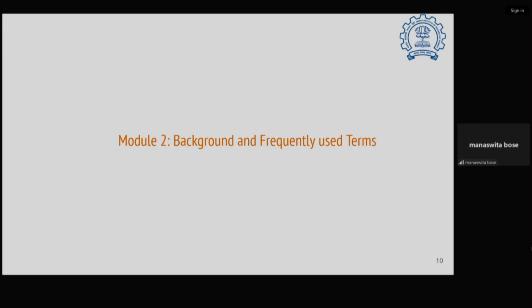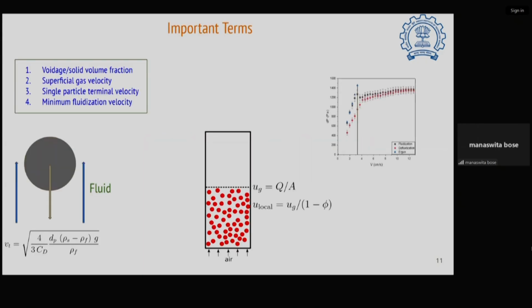Okay, so now getting to this background and the frequently used terms, voidage and solid volume fraction are what we have already defined. Now voidage is 1 minus the solid volume fraction, right? So voidage plus the solid volume fraction has to be equal to 1. Solid volume fraction we have defined as the fraction of volume occupied by the solid.